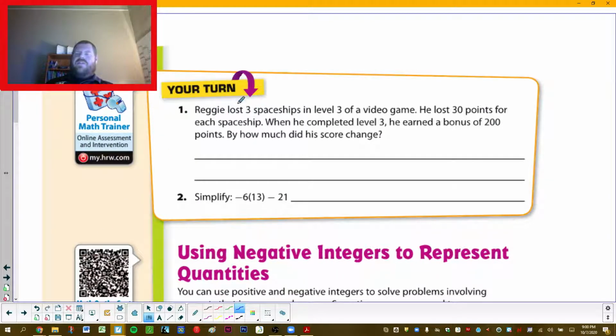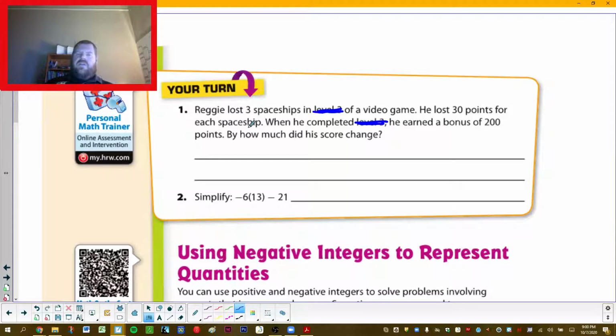Reggie lost, so this is an exercise for us. Reggie lost 3 spaceships in level 3 of a video game. He lost 30 points for each spaceship. When he completed level 3, he earned a bonus of 200 points. How much did his score change? Okay, well, we need to write this as an equation. So this level 3, it's kind of a distractor, right? It doesn't really matter.